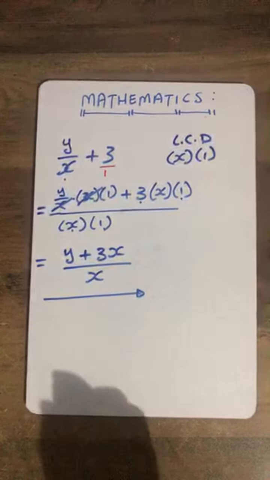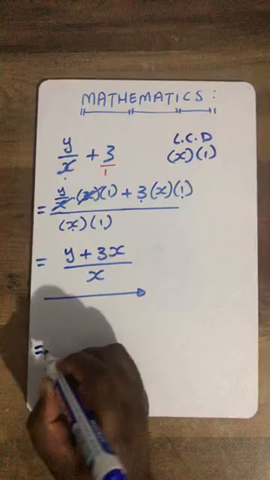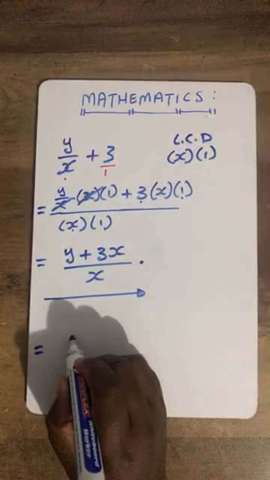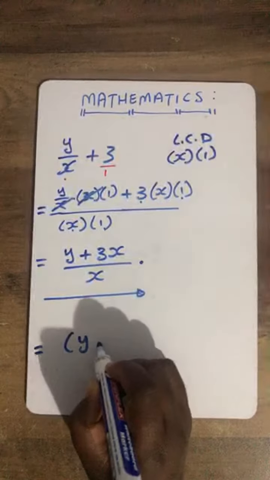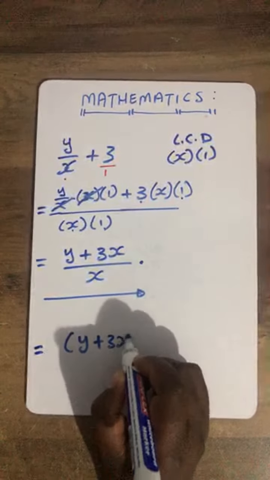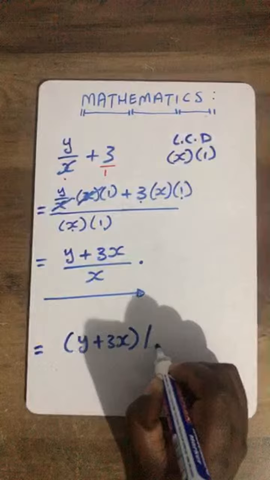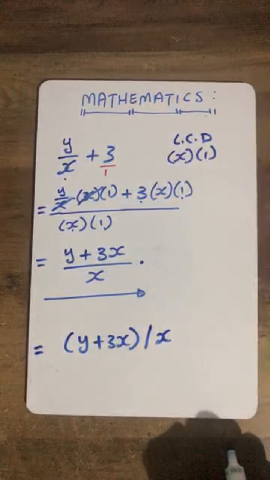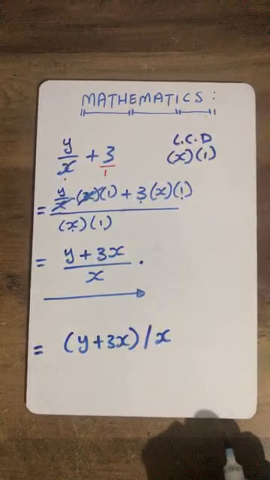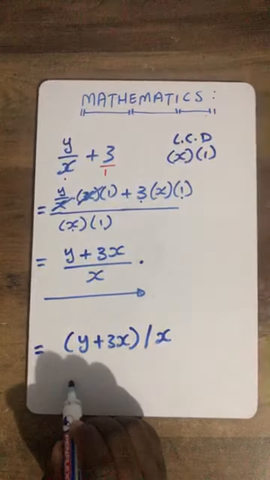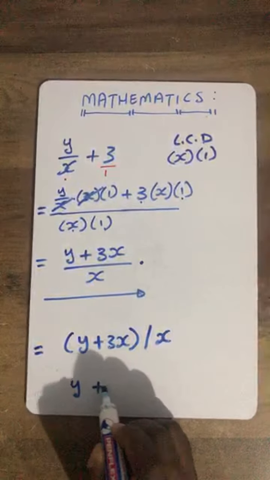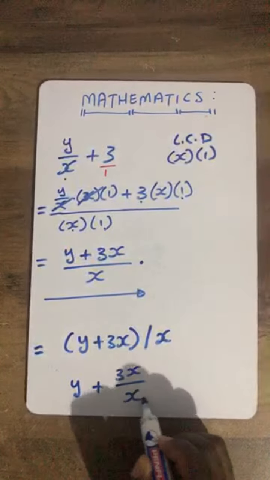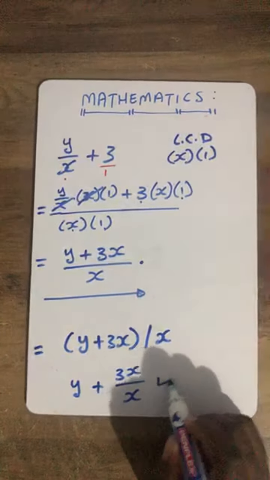Because I told her many times that when you write this thing, you write it as inside the brackets, you say y plus 3x, you close, you say that, and then you say x. The way you guys have written it, it's like you are saying y plus 3x, you did a divided by x, which is just for 3x. This is what you guys did.